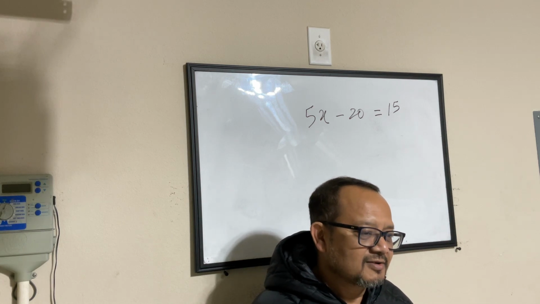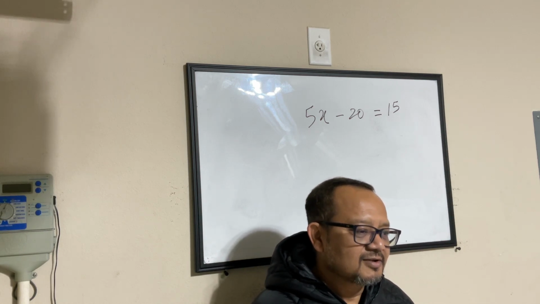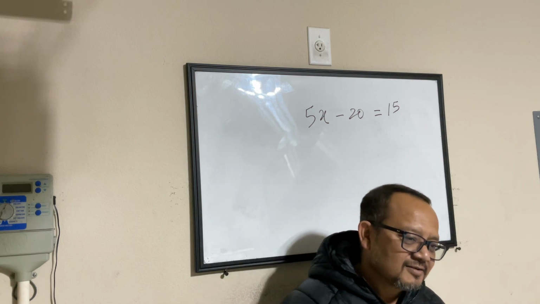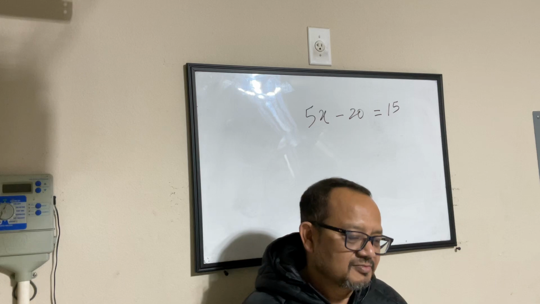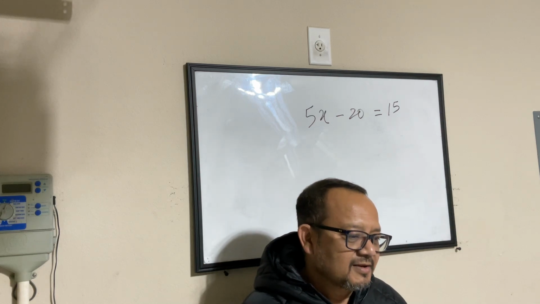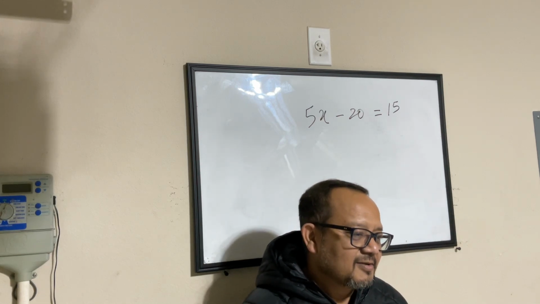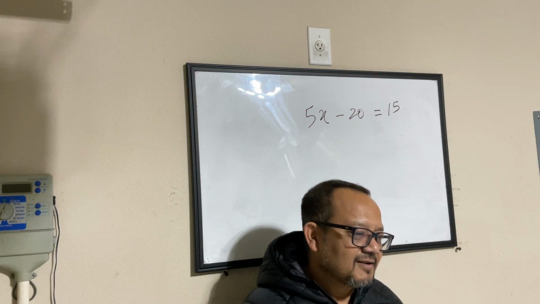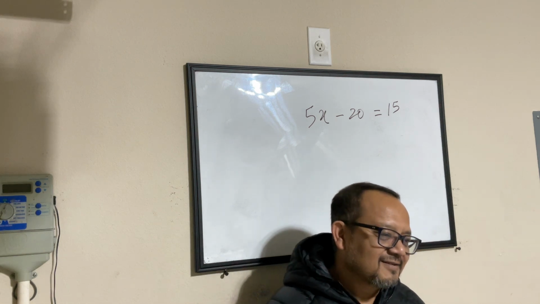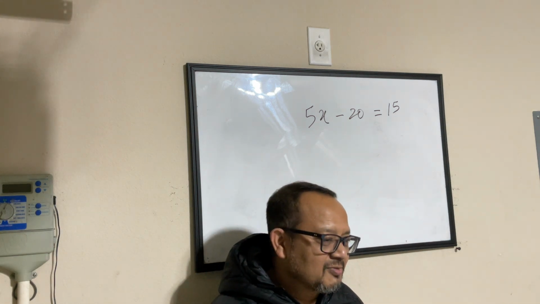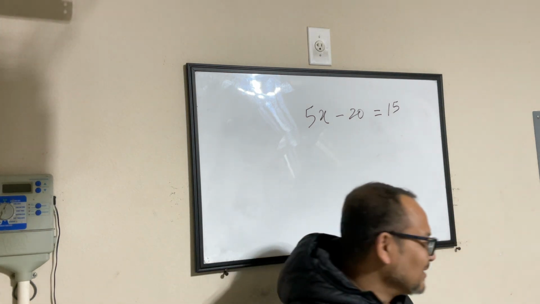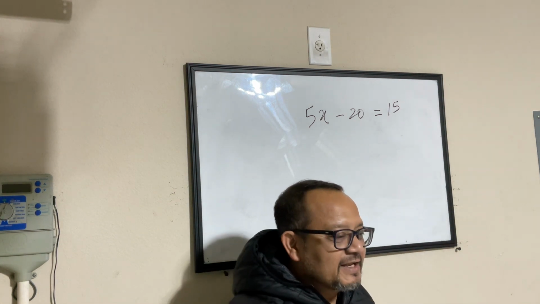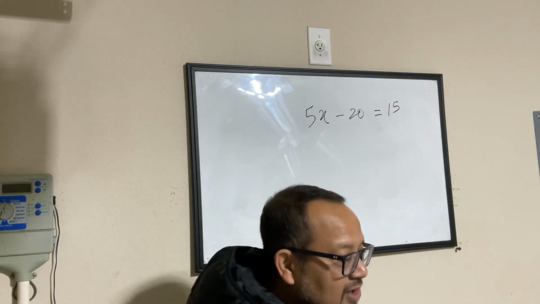And so if we move the 5 to the other side, it would be division, not multiplication. And so 35 divided by 5 equals 7. So that's how I got x equals 7. And do you think a baby would understand all that? No. Okay. Alright.